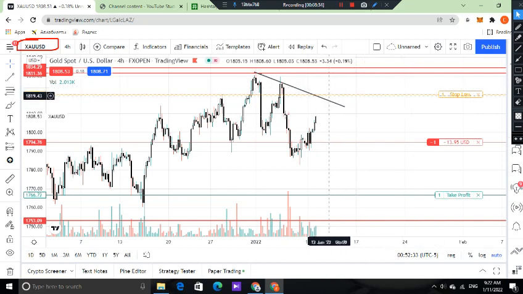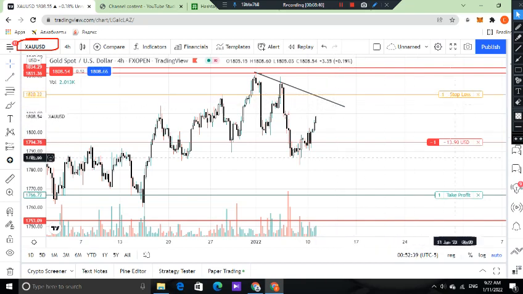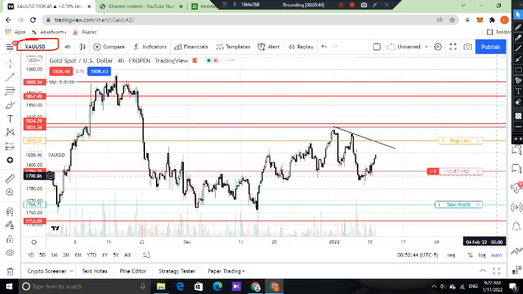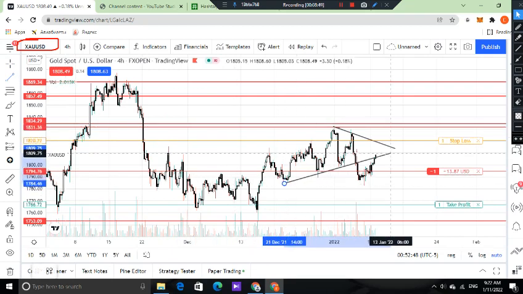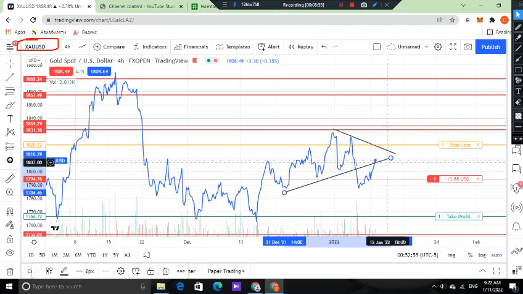It might move even higher. If it does, I don't think it's a good position anymore, and I want to get out of my position ASAP. But for now, if you draw a trend line like this one, you're still in a downtrend.